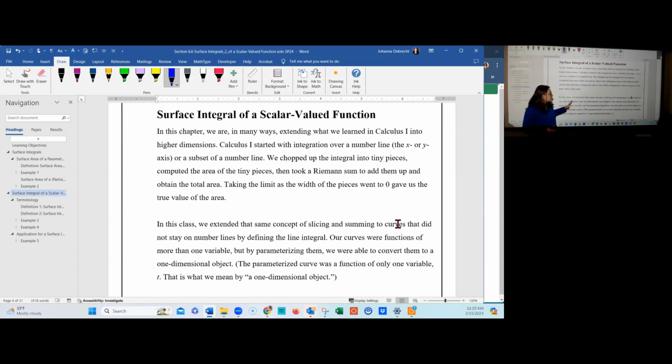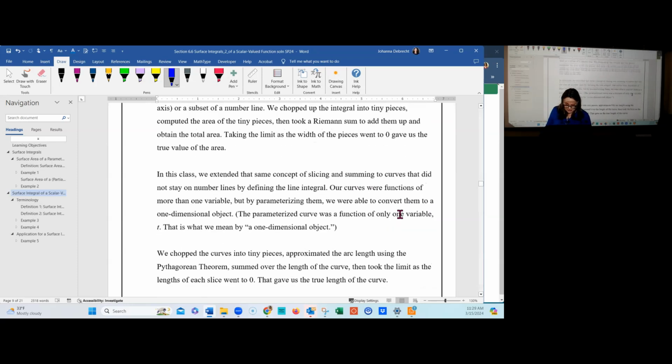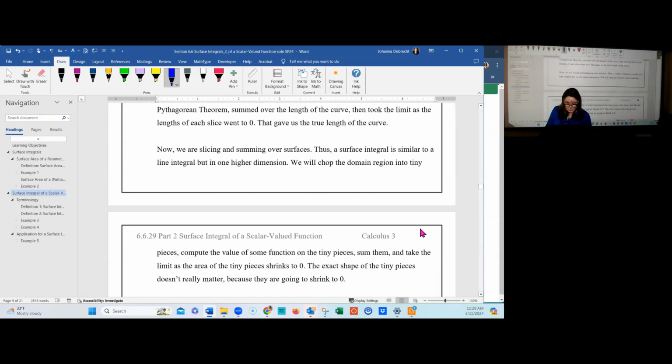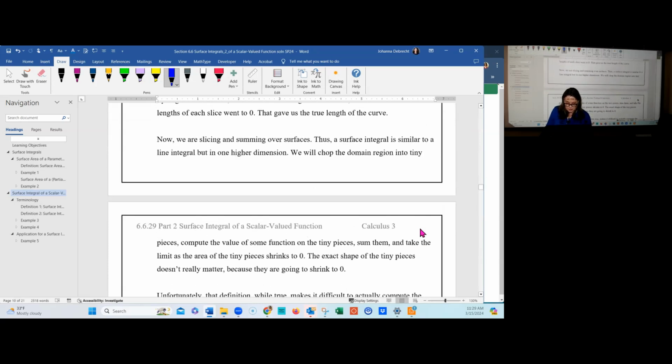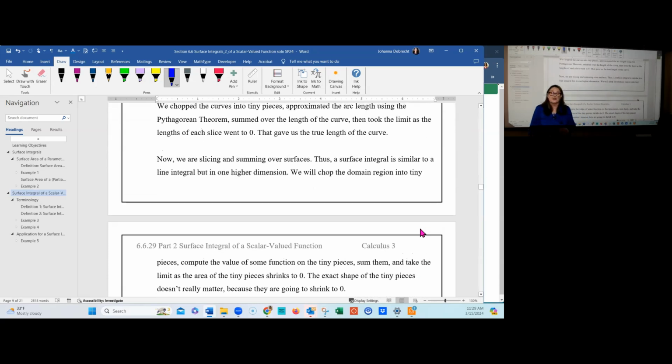Now, in this class, we're doing pretty much the same thing as we did in Cal 1. And what we're going to do now is try to compute what happens when we do a function evaluated on a surface. So in the surface area, we allowed our function to be the number 1. But suppose we want to evaluate some function over a surface.